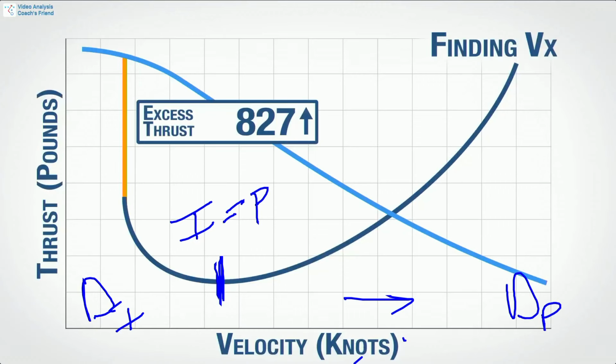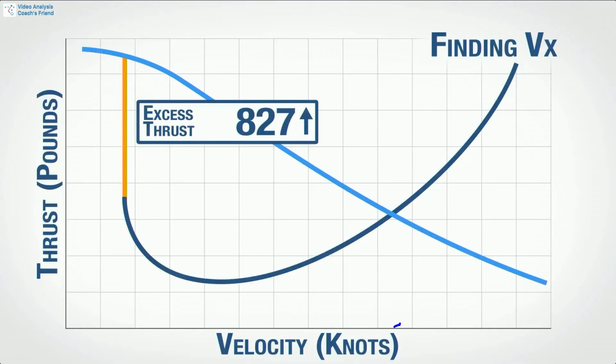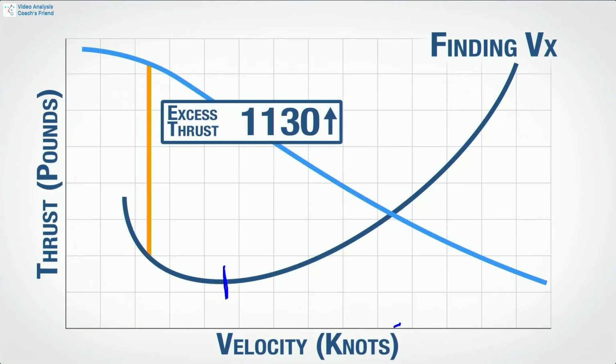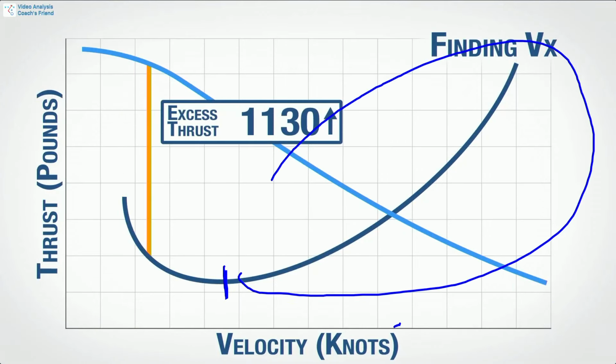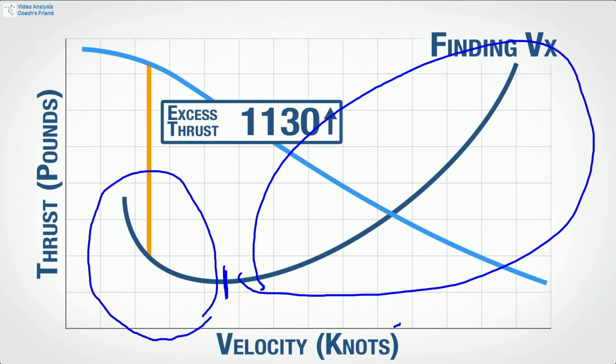At LD max, those two are equal. And you can really see that. You'll notice that there's lots more room over here on the parasite drag side of the equation than there is on the induced drag side of the equation. And that's because eventually we're limited by stall speed back here. And over here, you're just limited by the design and the engine on the airplane.